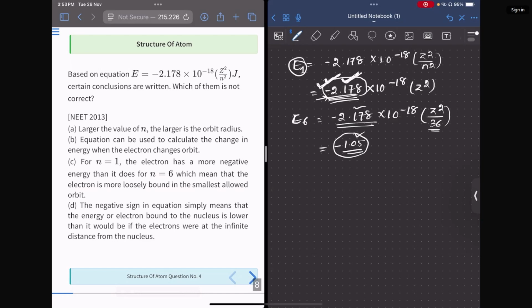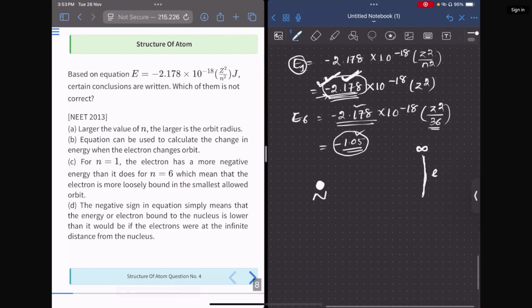The negative sign in the equation simply means that the energy of an electron bound to the nucleus is lower than it would be if the electron were at infinite distance from the nucleus. Yes, it is correct. Why? Here it is a nucleus. Suppose this distance is infinite distance. If you place an electron here, the energy of the electron will be zero.